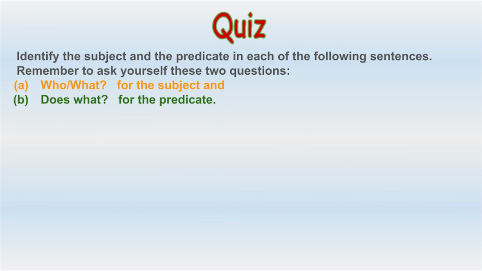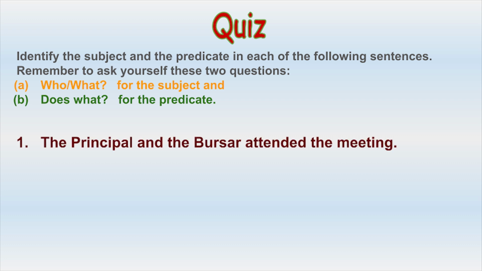Let us do a little quiz to see how easily you can identify the subject and predicate in these sentences. Remember to ask yourself these two questions: who or what for the subject, and does what for the predicate. Number 1. The principal and the bursar attended the meeting. Number 2.